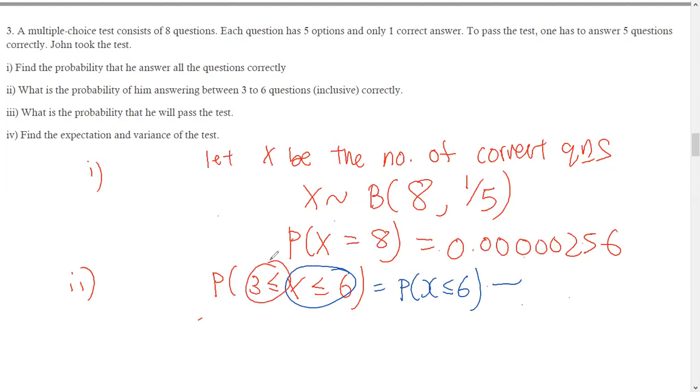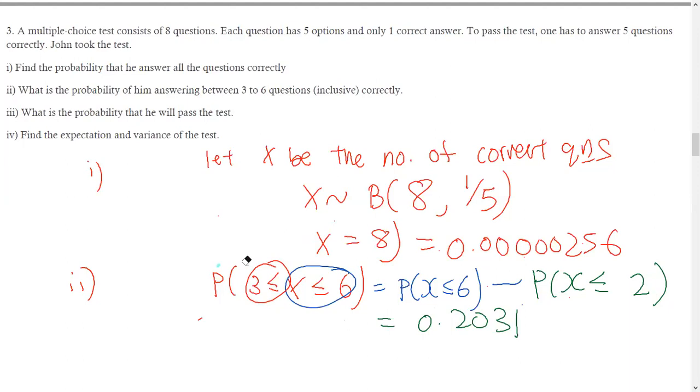So it must include 3, so when I subtract, it must be P(X ≤ 2), because I want from 3 to 6. So if I break this down, it should be P(X ≤ 6) minus P(X ≤ 2), because I want to include 3. So this value here will give us 0.2031. That's it for part 1 and part 2.